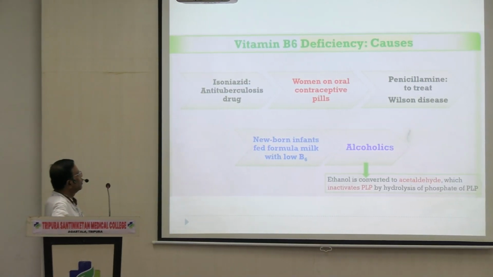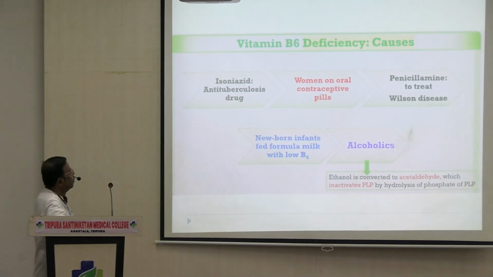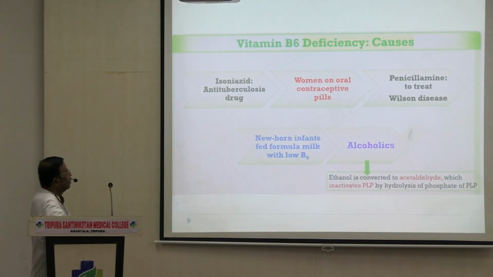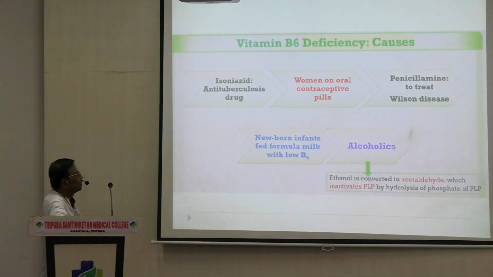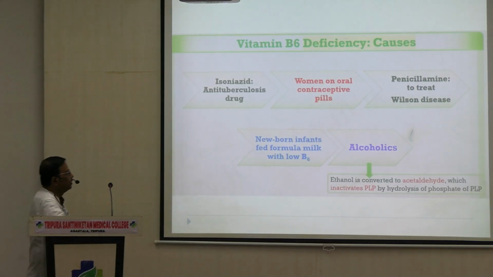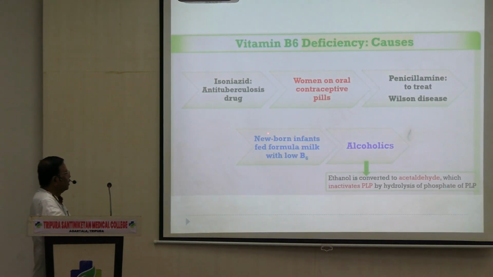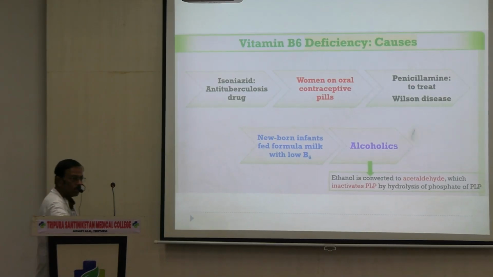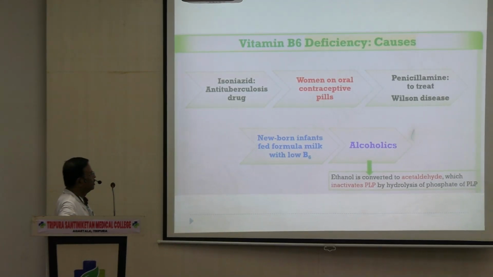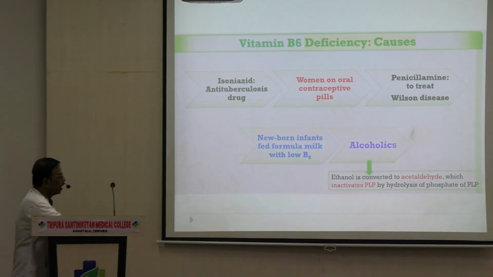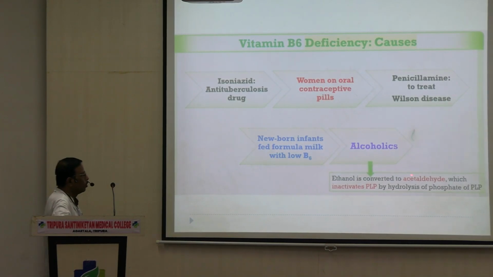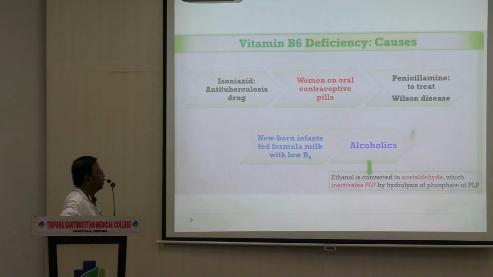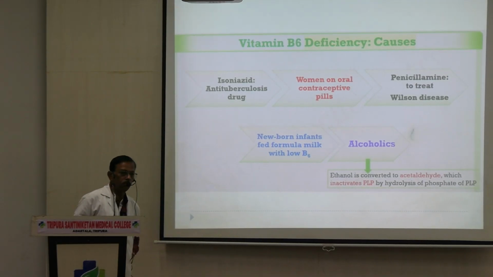Vitamin B6 deficiency causes are other causes: isoniazid, hormonal oral contraceptives, then penicillamine, then newborn infants fed with formula which contains less vitamin B6, alcoholics due to malnutrition, and again ethanol is converted to acetaldehyde, which inactivates the PLP by hydrolysis of phosphate from PLP.